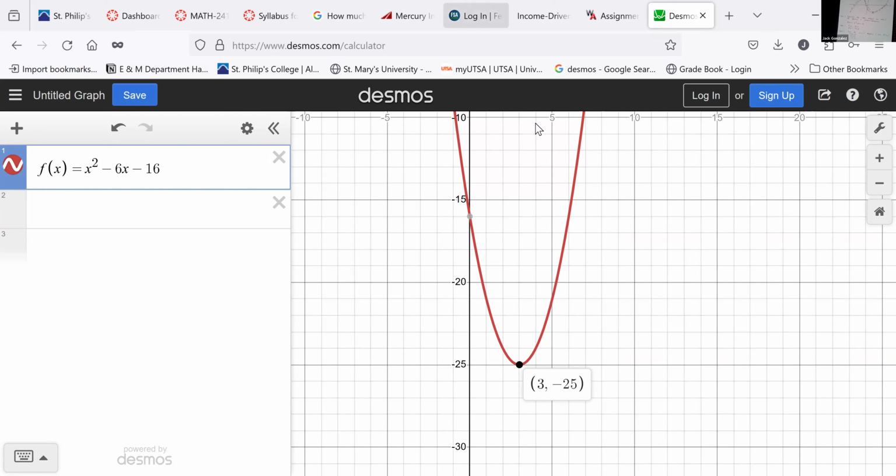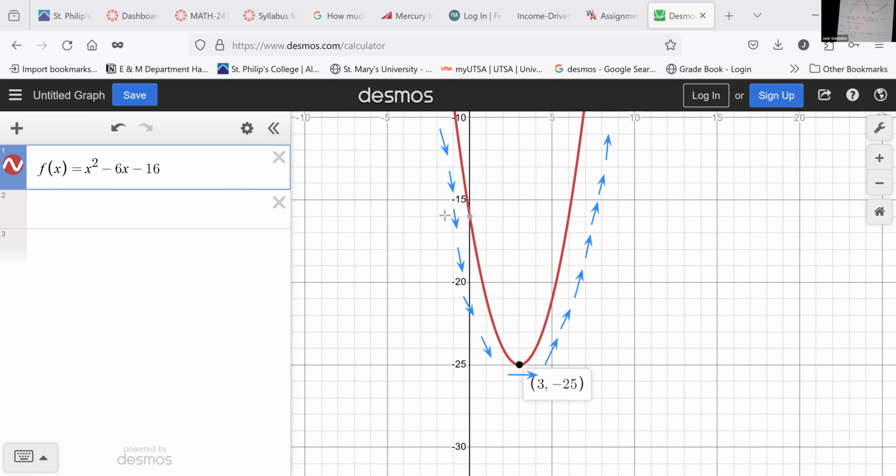And we are decreasing all the way until we get there. And then we have a zero derivative that increases all the way.